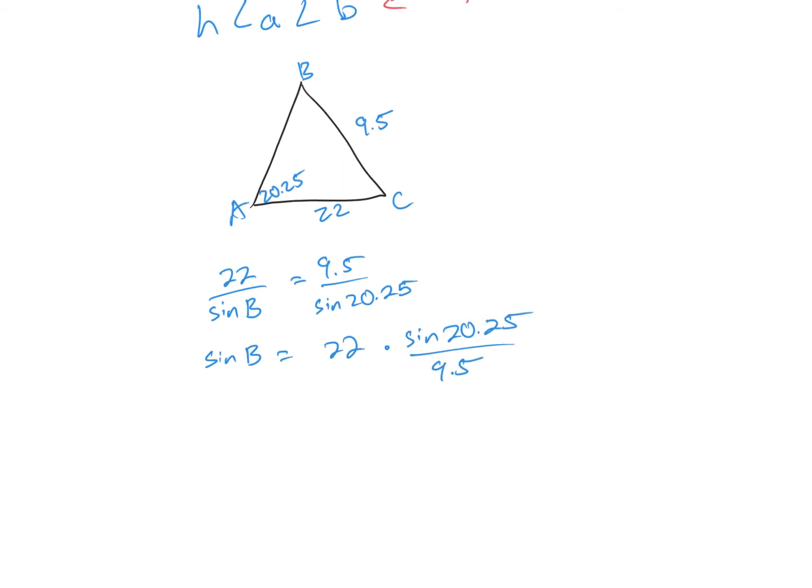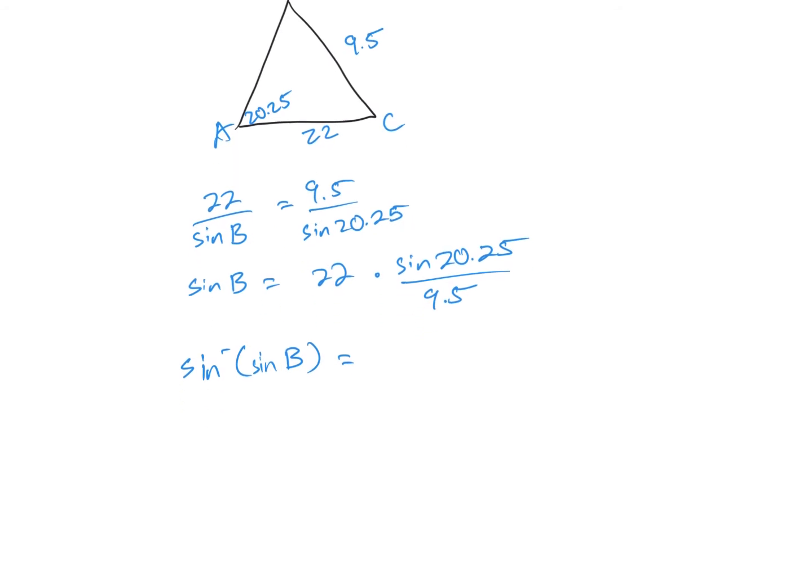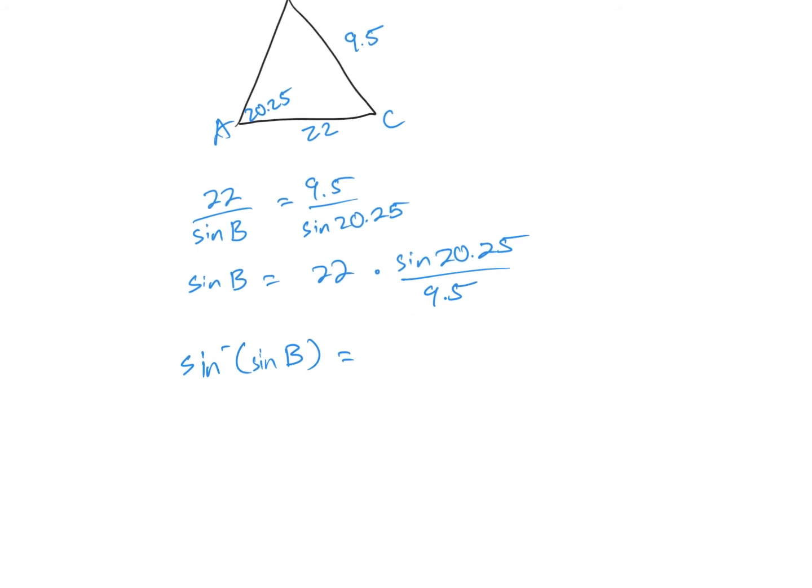And then to find the actual angle, I'm going to take the inverse of sine of B. Once I punch that into the calculator, it should give me my angle. My angle B then, I find, is 53.28 degrees.